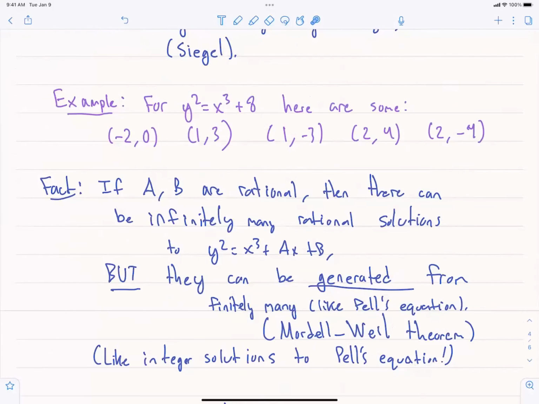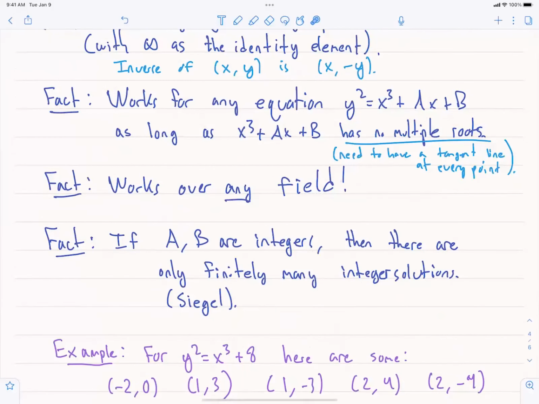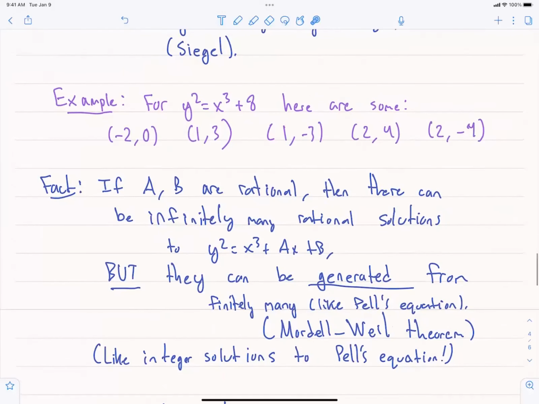Another fun fact is that if you take a and b to be rational numbers, again for example y squared equals x cubed plus 8, then there can be infinitely many rational solutions. There can be infinitely many x and y, both rational numbers, that give a solution to this equation. But because these group laws work over any field, those rational solutions form a group.